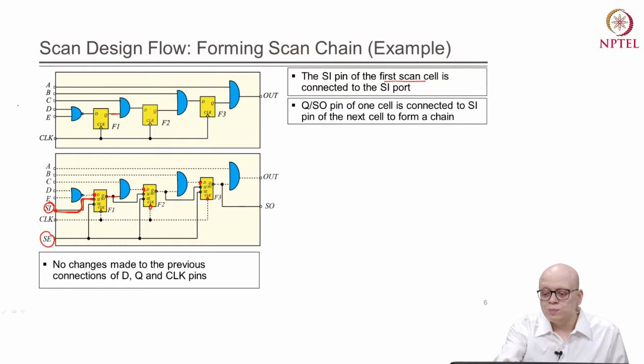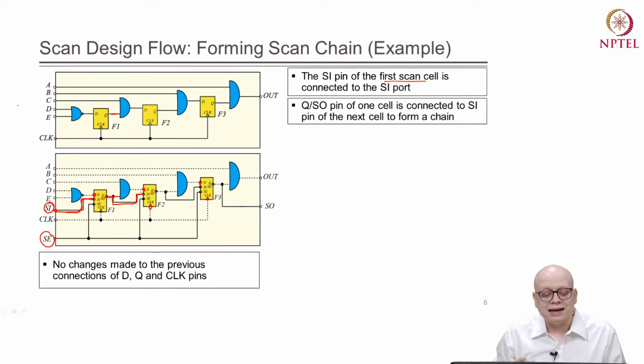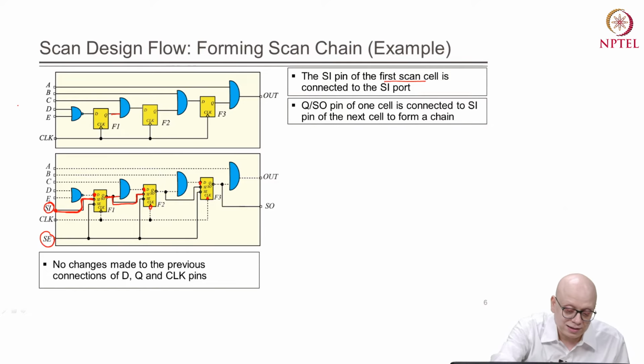The Q or SO pin of one cell is connected to the SI pin of the next cell to form a chain. So, the Q pin of this scan cell is connected to the scan input pin of the next cell. So, this connection is made extra, right, from here to here.